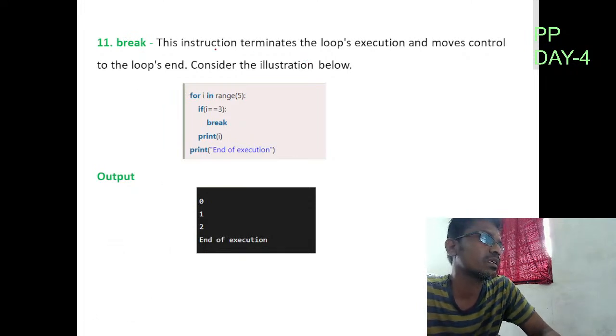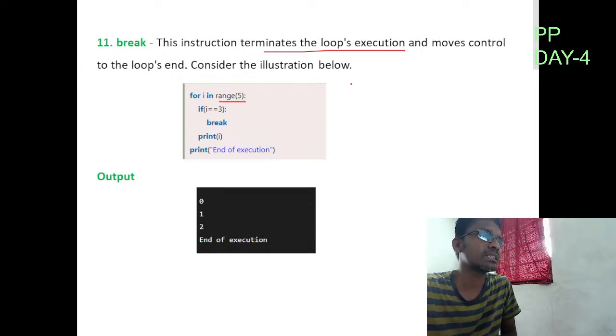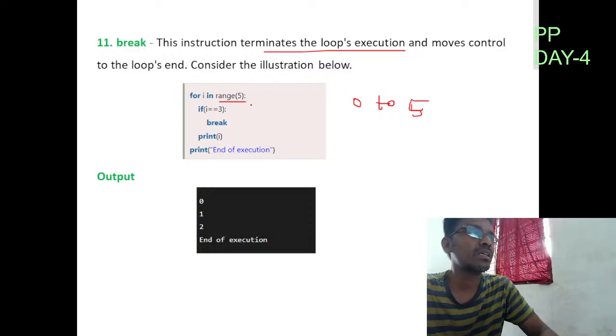The break statement is used to terminate loop execution. To terminate the loop execution, you have to use the break statement. For example, for i in range of 5. The range of 5 accepts the numbers from 0 to 5, so that is the range of the i value.